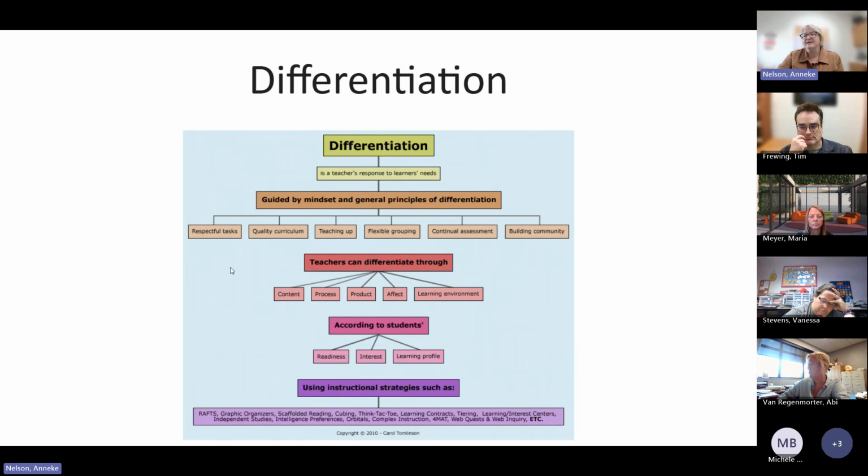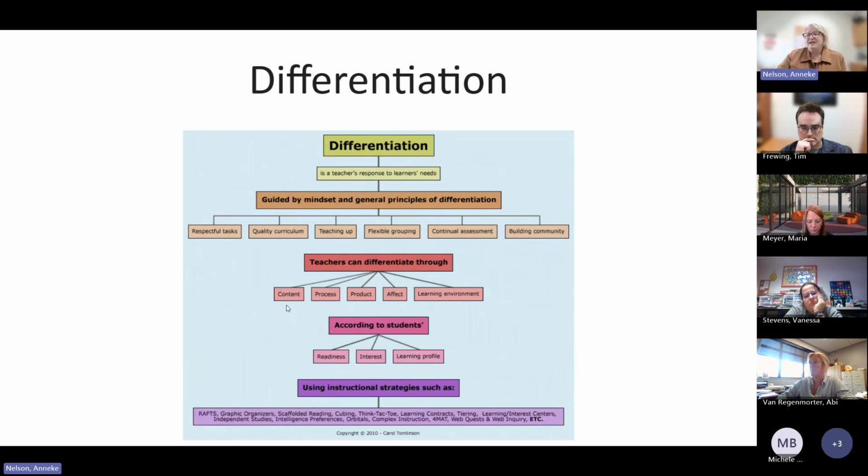And then there are principles of differentiation: respectful tasks, the curriculum is of quality, we're teaching up or encouraging students to achieve more than they maybe think is possible, offering flexible grouping. We're doing continual assessment to make sure that we know what we're doing is working with students, and we're building an educational community in that classroom.